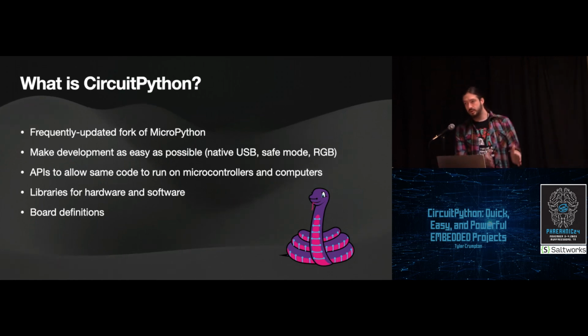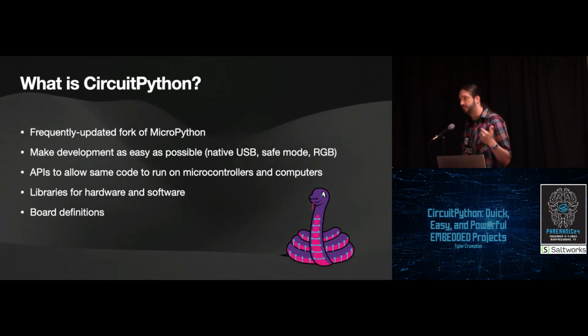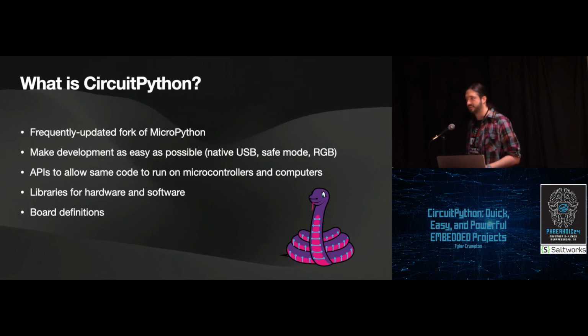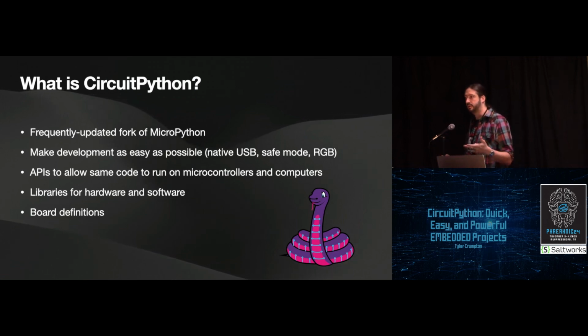So you could have code that you wrote one way and just be able to use it on a different platform. And then the other big thing about CircuitPython is the concept of board definitions. When you have a custom board, like maybe a little badge that's running an RP2040, it lets you define all of the pins and hardware that's included on the device.